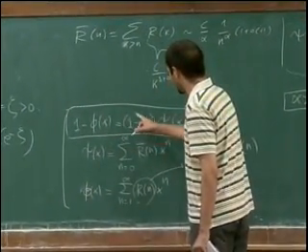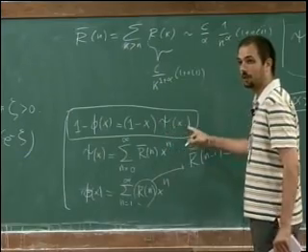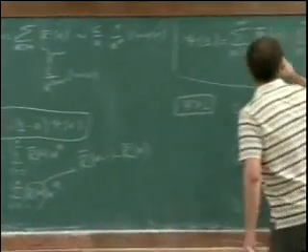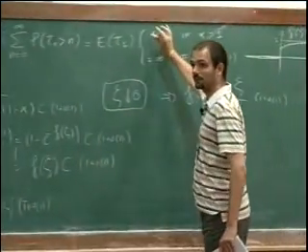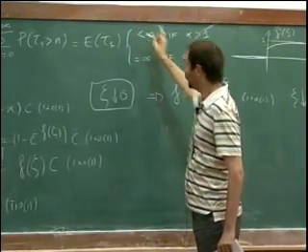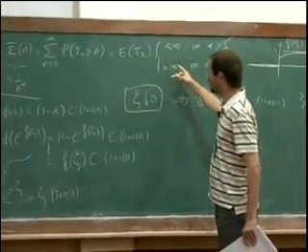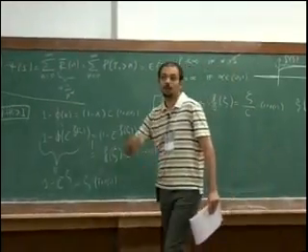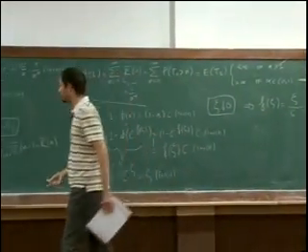We have extracted this, and then we have this other function. This other function, before, for alpha greater than 1, tended to a constant, and we were happy. Now, for alpha between 0 and 1, this other function tends to infinity. So we have to understand at which rate it tends to infinity.